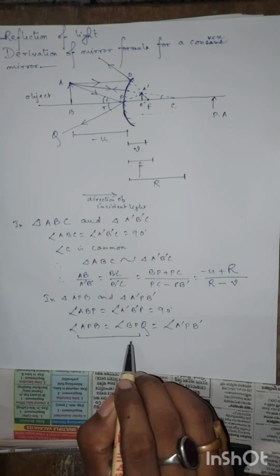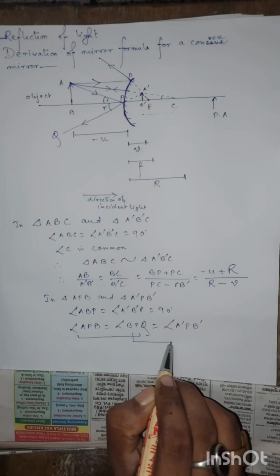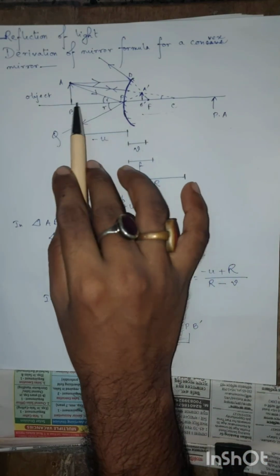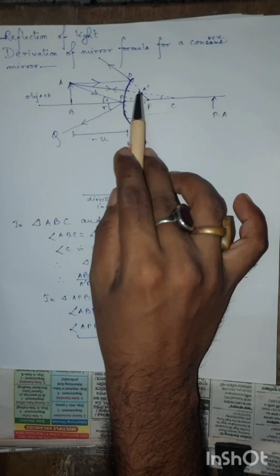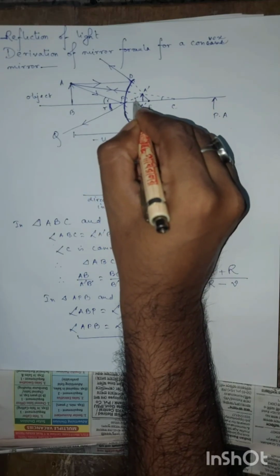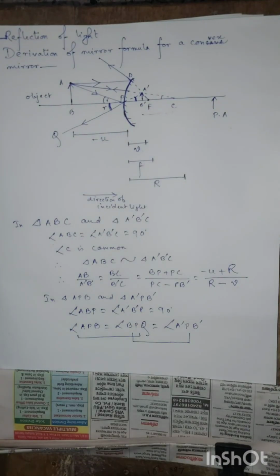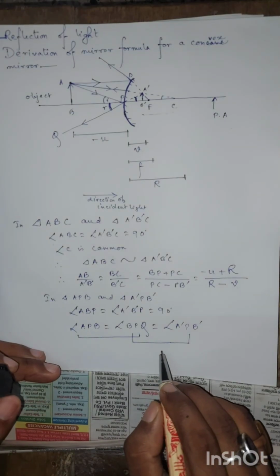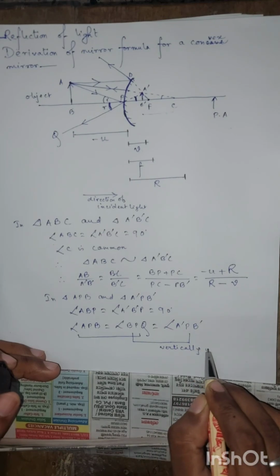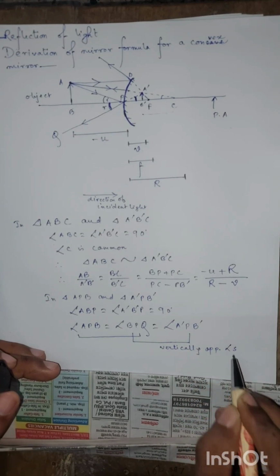And if we look at these two angles, BPQ and A dashed PB dashed, these two angles are vertically opposite angles. Vertically opposite angles are equal.